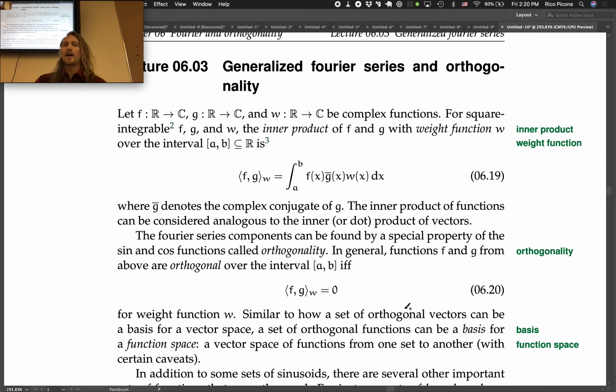Take the inner product of two functions that are orthogonal, and you get 0. So inner product is the more general term for this type of operation. The dot product of vector calculus is just a type of inner product.